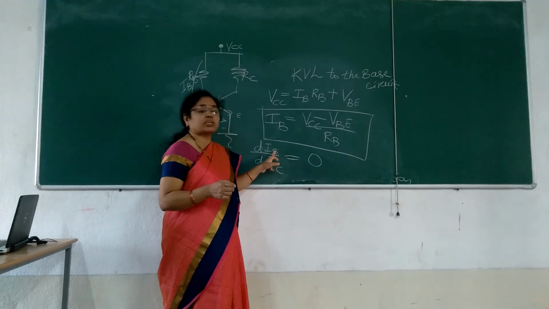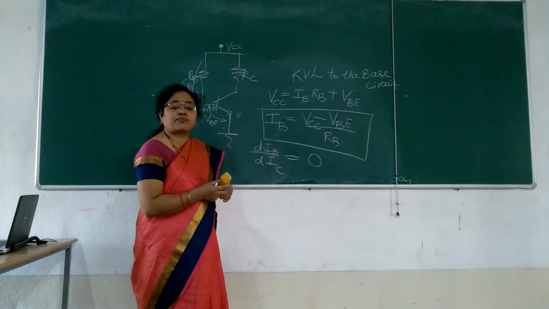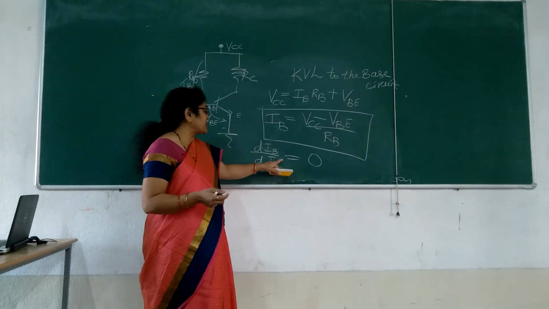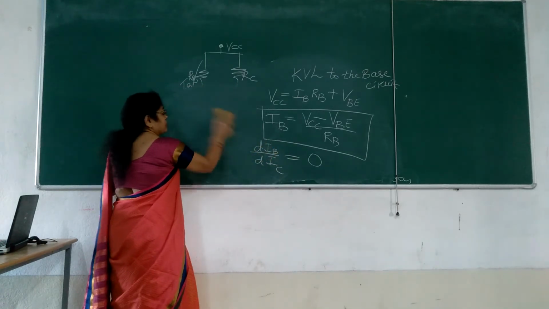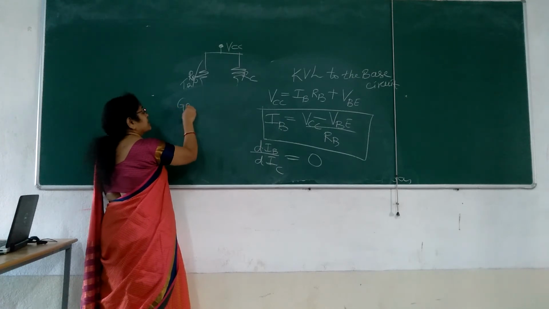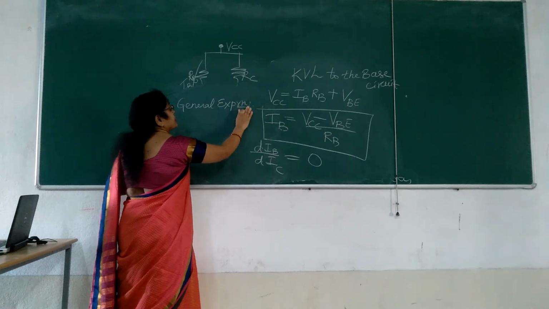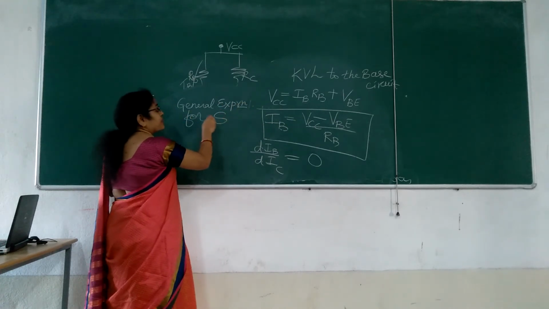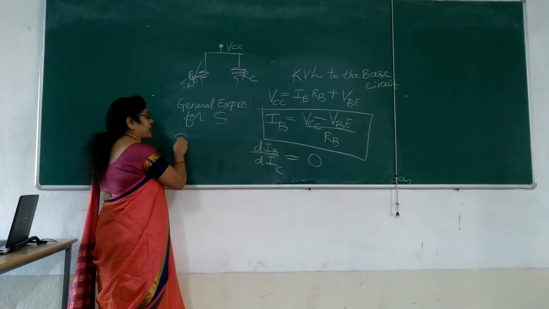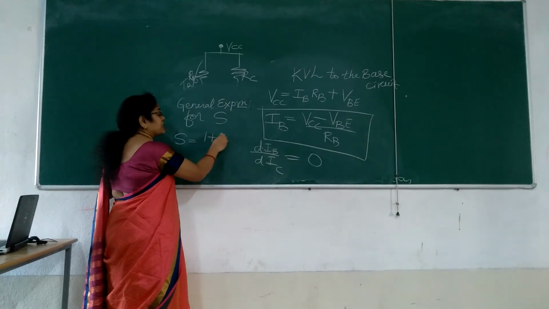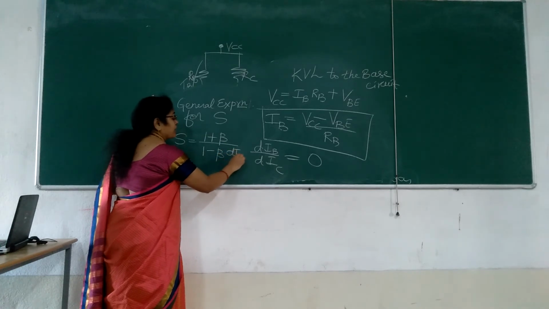Now if we substitute this in the general formula for stability factor, S is equal to 1 plus beta divided by 1 minus beta into dIB by dIC.